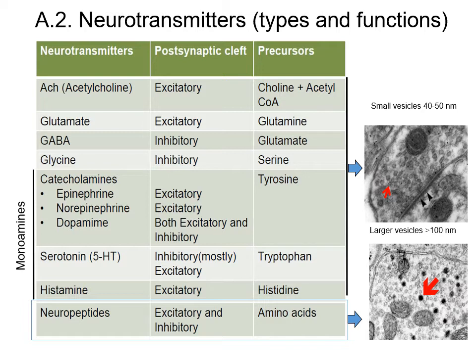Many other neuromodulators are monoamines, including catecholamines such as epinephrine or adrenaline and noradrenaline. These work on the activity of various organs in the body to control things like blood pressure or heart rate, liver function, and many other functions.